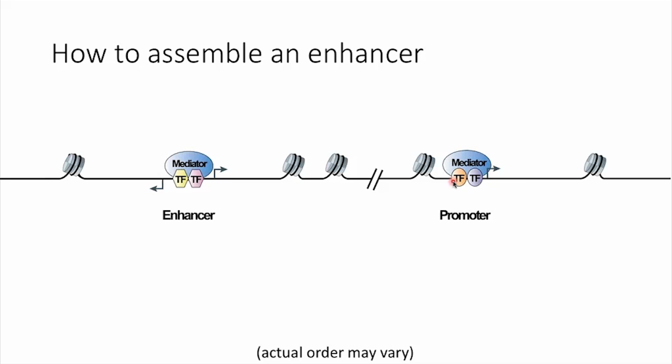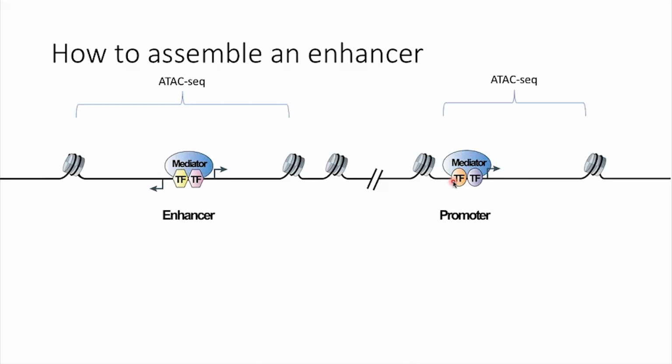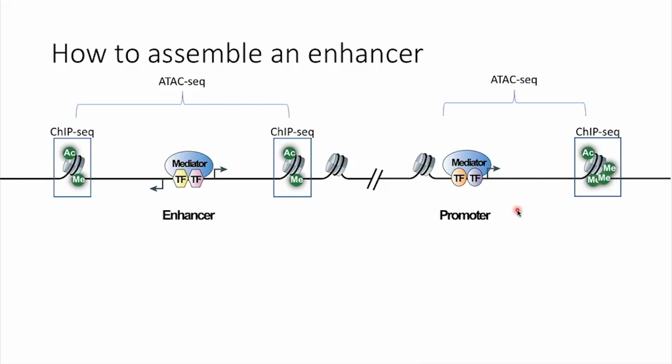Our enhancer defining characteristics begin with open chromatin, which we can detect by ATAC-seq. And then active chromatin marks are laid down, including H3K27 acetylation and H3K4 mono and trimethylation. They're also known to designate active enhancers as well as promoters. And we can detect these by ChIP-seq over this time course.